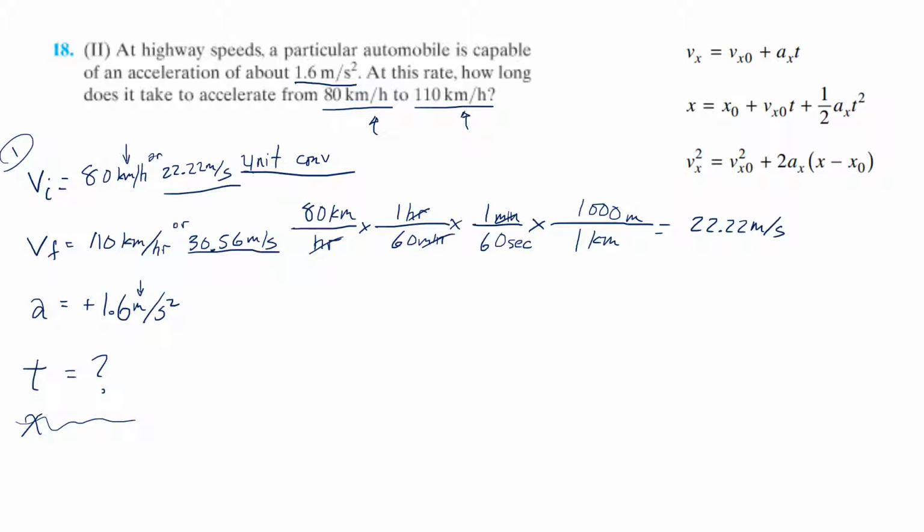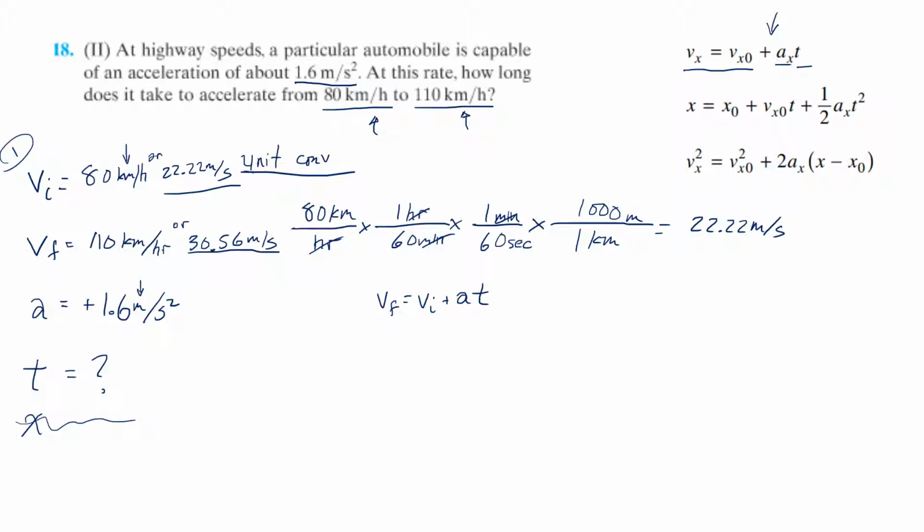Step 2, I gotta find the right equation. So here I have my velocities and acceleration and a time. I think I gotta use this one. So this thing says that v final is equal to v initial plus an acceleration times time.